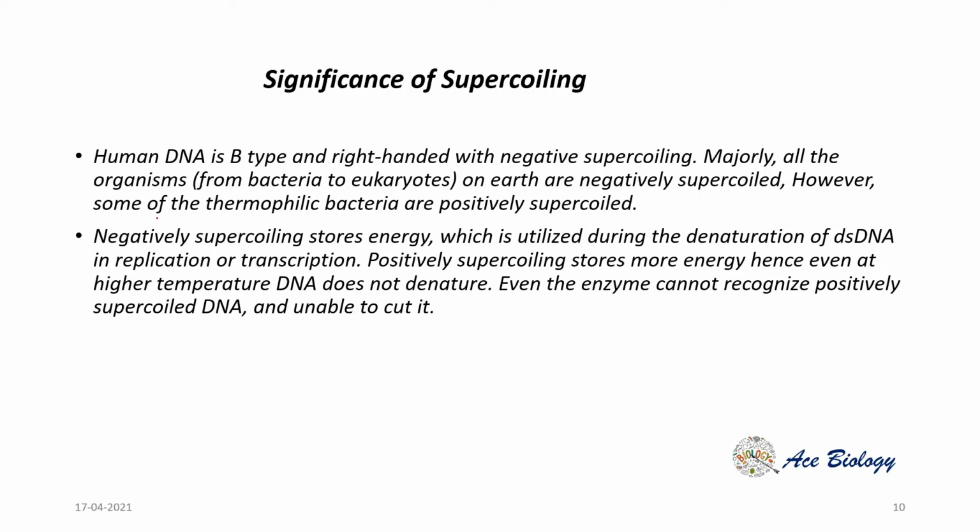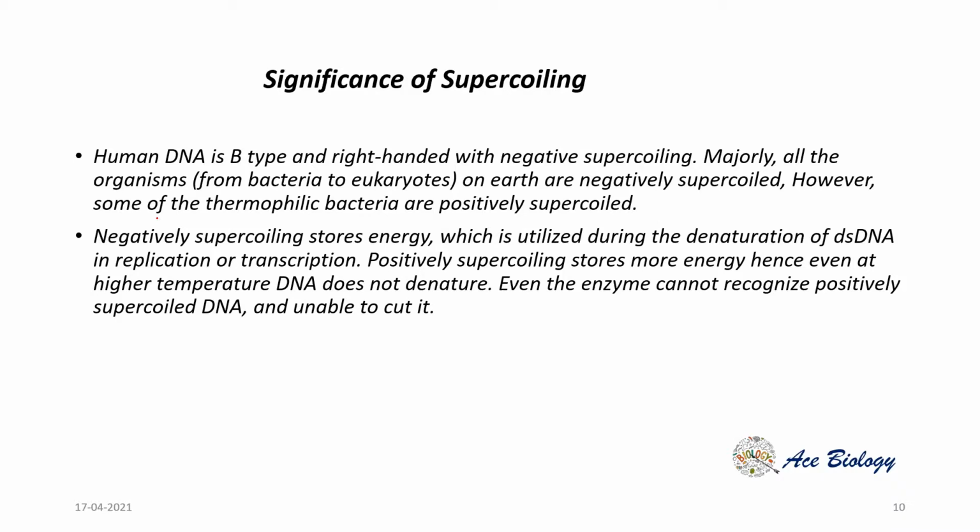The advantage is, if we can easily break the negatively supercoiled DNA, then at the time of replication or transcription, it becomes very easy for the specific enzymes to carry out these processes, because in replication or transcription, the DNA bonds are broken down and a single strand will function as the template.